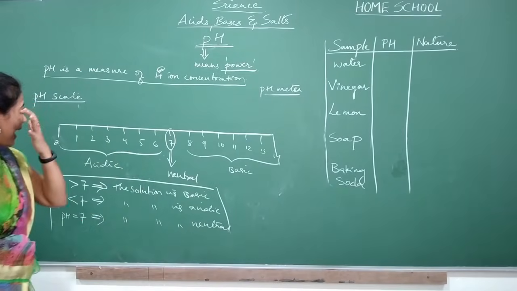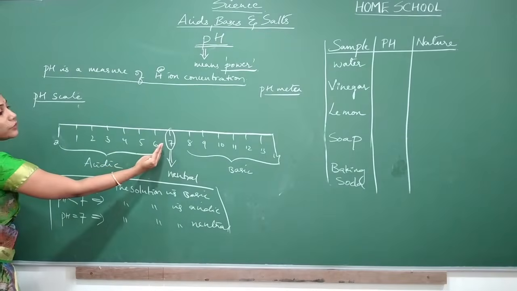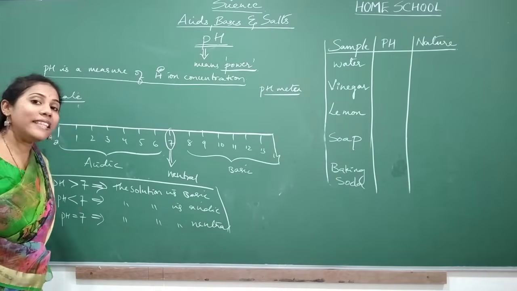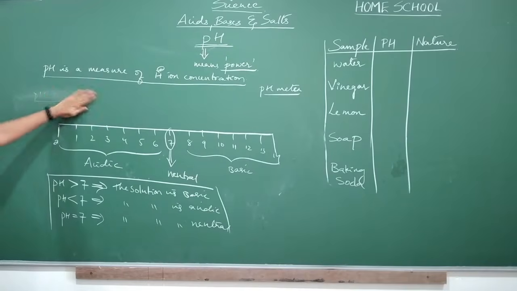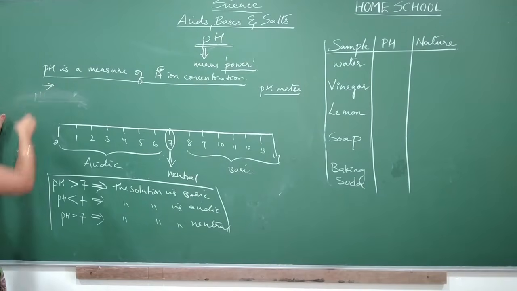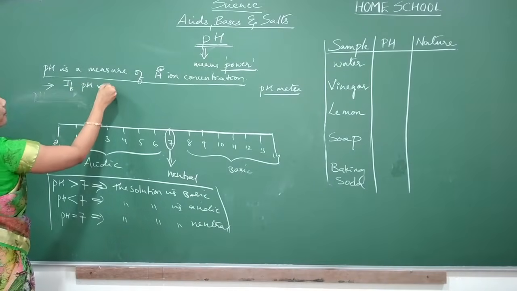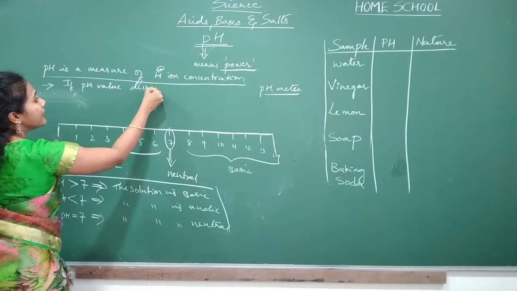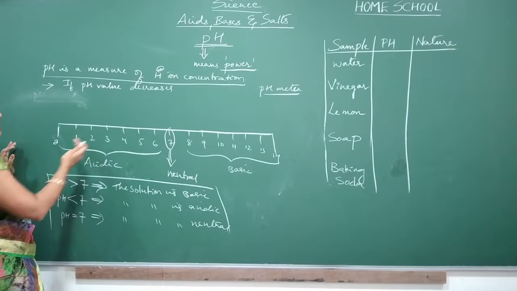See, as the pH value decreases from 7 to 0, the more it decreases, the more will be the acidic nature. Remember these points always. If the pH value decreases, it means the value is becoming below 7.